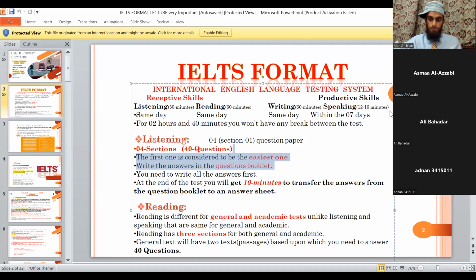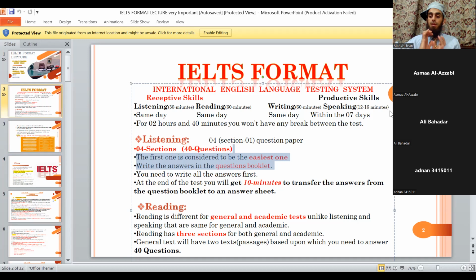For me, I don't know any. Good evening. I don't know any difference between the general or academic. I'm just trying to do a set for the academic exam. Okay, all right.